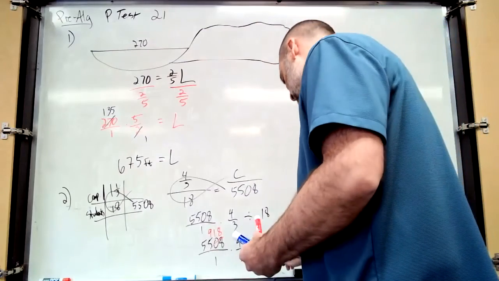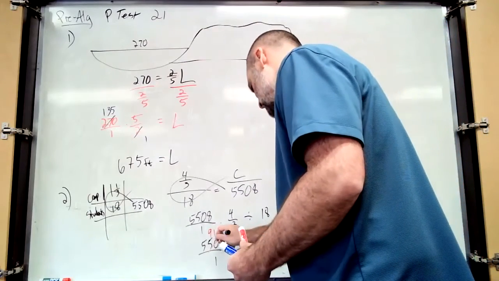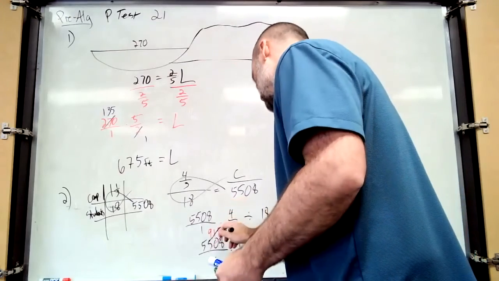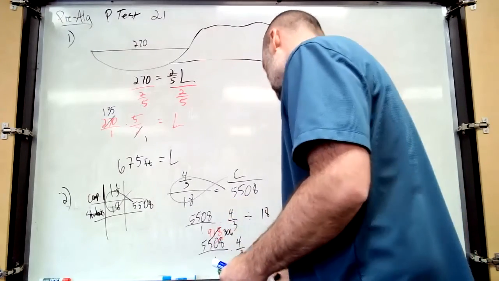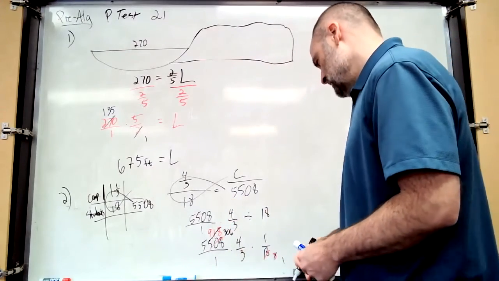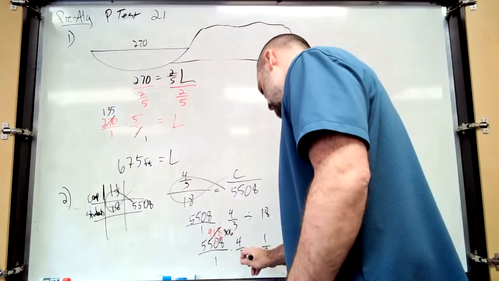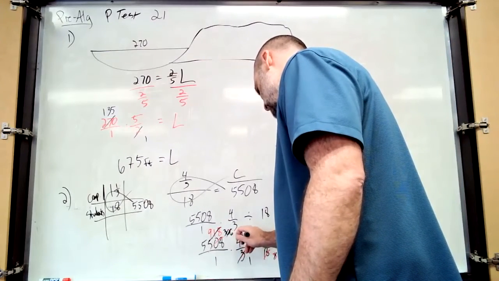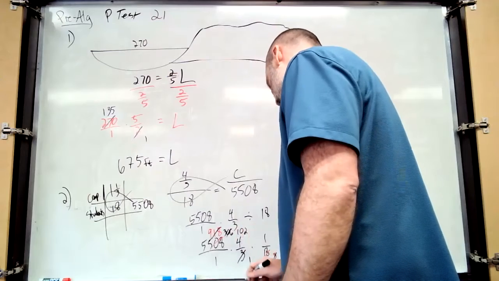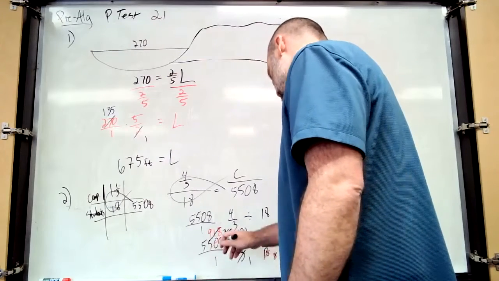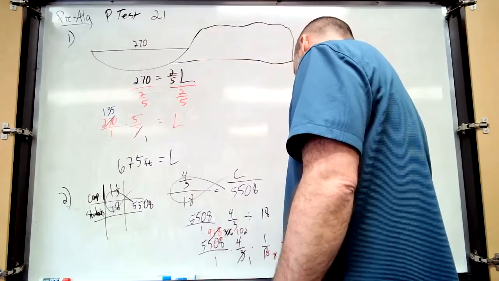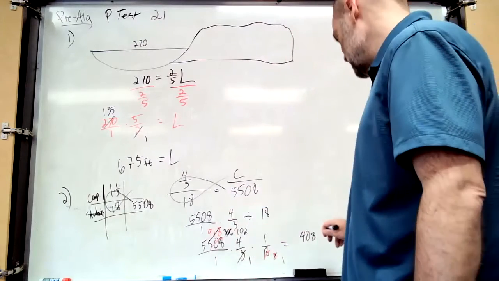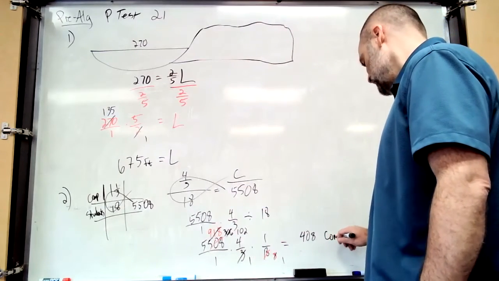So we could have taken an 18 out. So 3 goes into that 306 times. So now we just have 306, and then you can cancel with this 3, and that is 102. So you got 102 times 4, which is 408, all over 1. So 408 computers are needed.